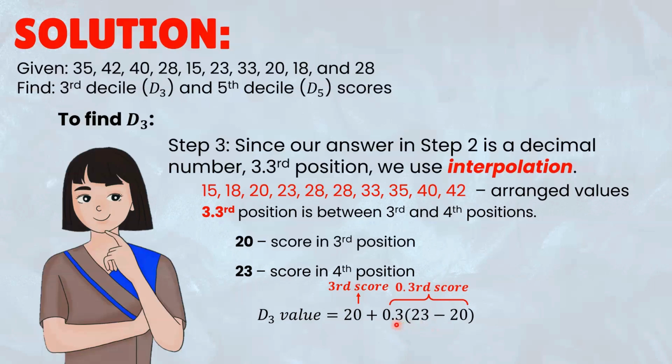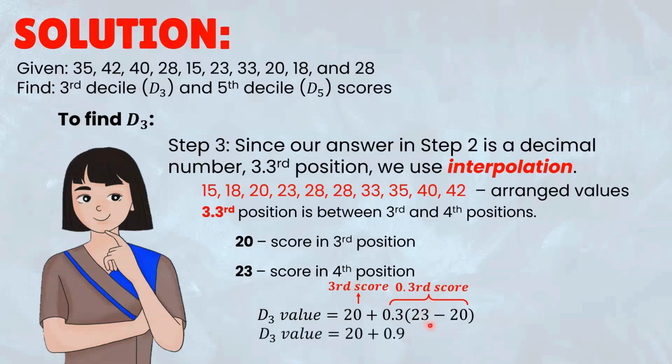Where did we get 0.3? 0.3 came from our step 2 answer, the decimal part of our answer in step 2. And then 23 in here is the fourth score, and 20 here is our third score. So if we multiply the difference of 23 and 20 by 0.3, that will give us the 0.3 score.